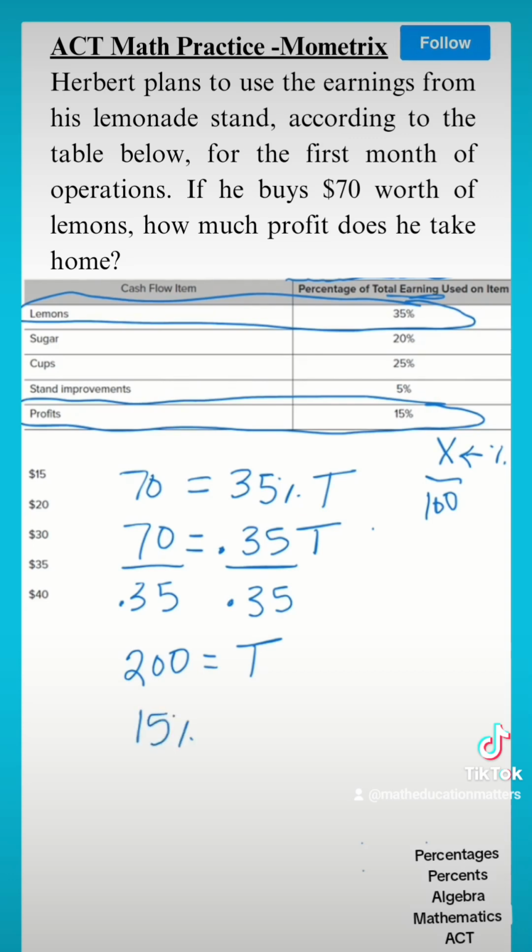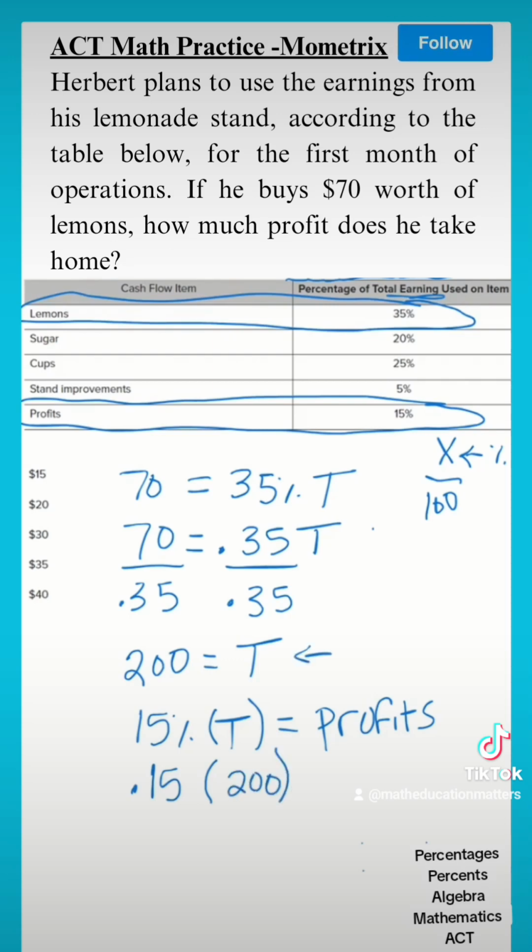15% times the total earnings is equal to his profits. So we're going to convert this 15% to a decimal, which would give us 0.15 when we do 15 divided by 100, times our total earnings, which we found here to be 200, and that is equal to the profits.